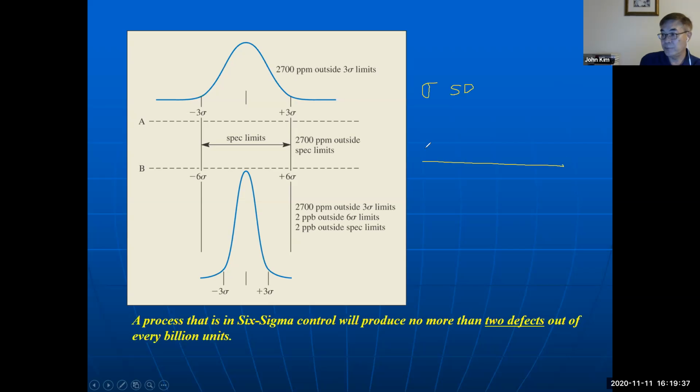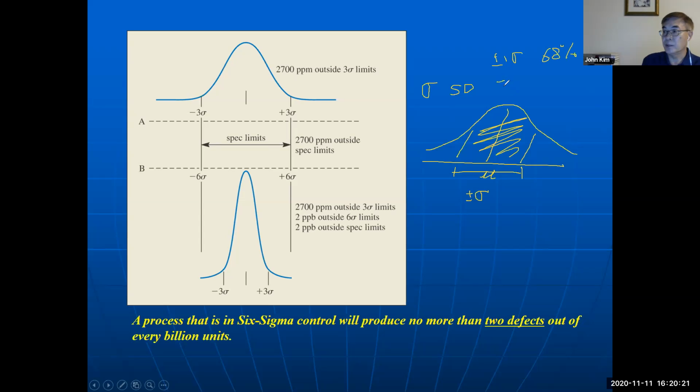In a normal distribution, this is mu, the mean. The range for quality control is plus minus 1 sigma, and the area inside plus minus 1 sigma is about 68%.